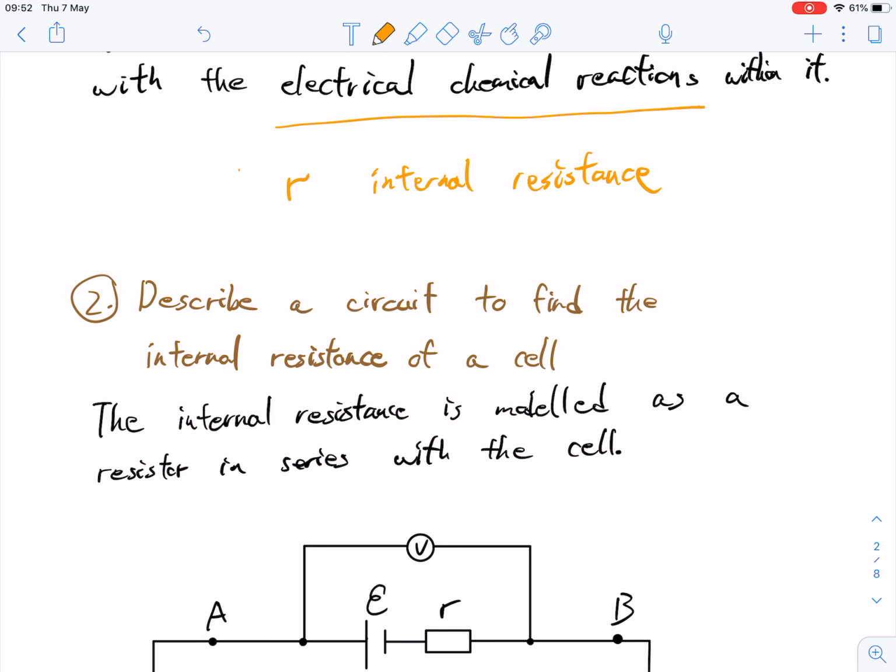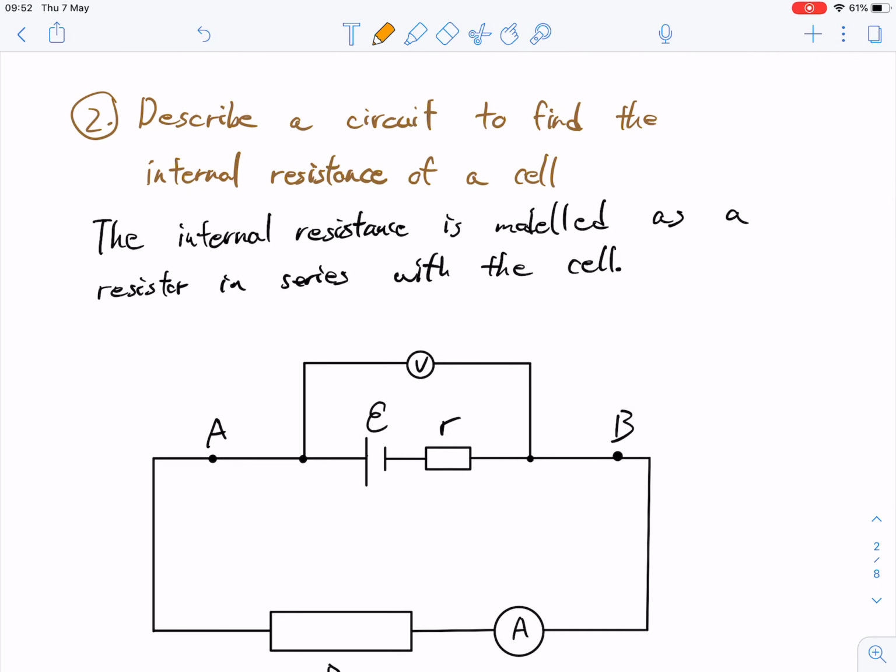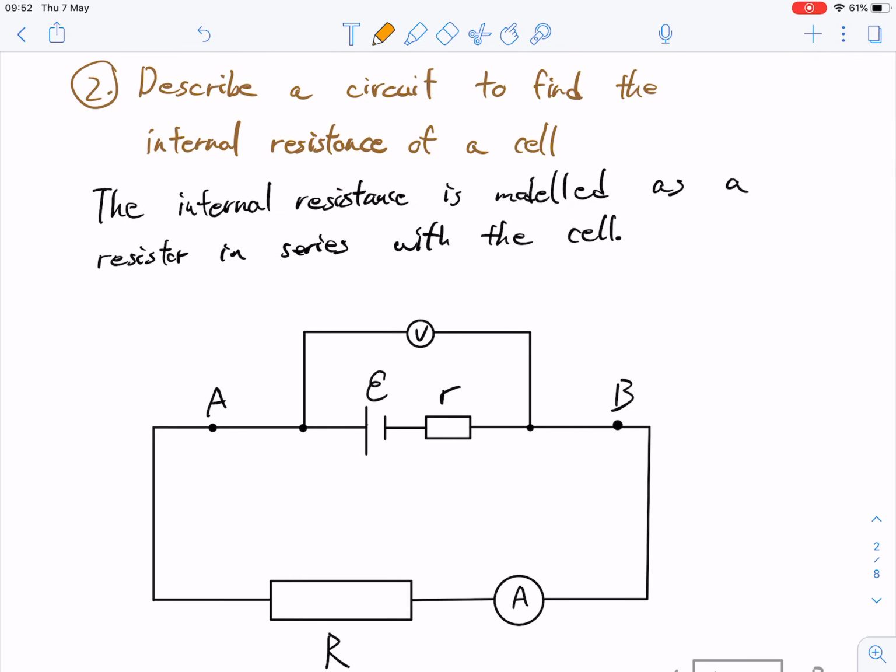Okay, next up, we're going to describe a circuit to find the internal resistance of a cell. So essentially, we just want to know, what does the circuit actually look like? What we're seeing here, this particular part right here, is sort of the cell itself.